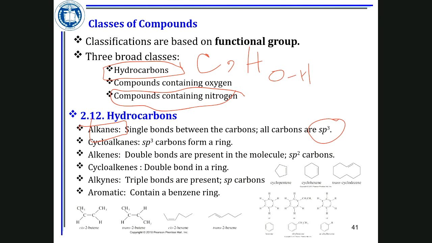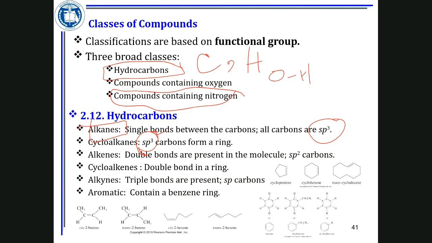If they're not written, you have to add enough hydrogen to make 4 bonds for each carbon. Cycloalkanes are a cyclic system, so there's a bond between head and tail carbon, and it's going to form a ring, and that is cycloalkane. Hybridization is going to be sp3.